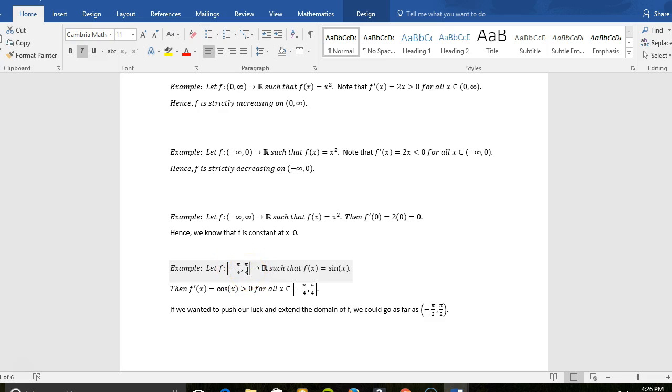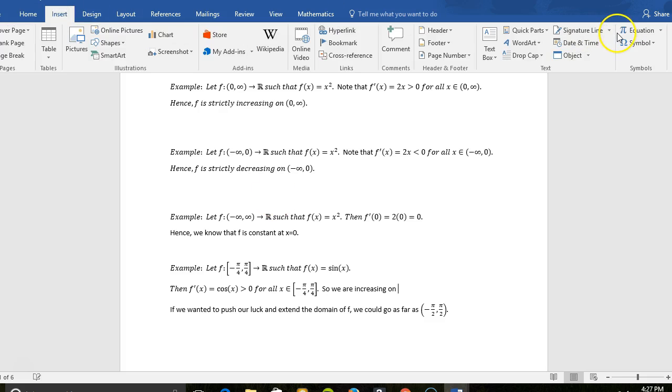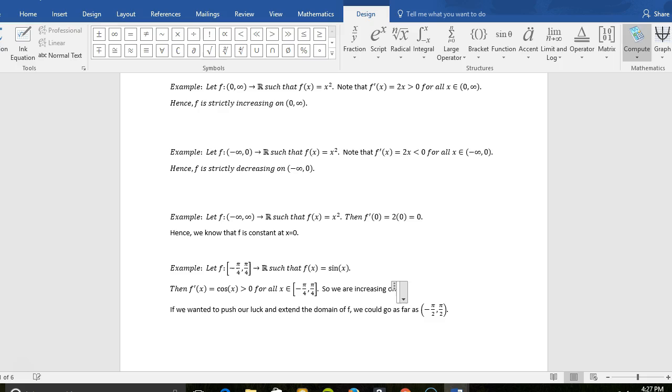Guys, we don't like to talk about increasing on a closed interval. When I say we're increasing, we need to talk about an open interval, and I need to be very, very careful about that. I'm profoundly sorry. Because our domain is just this closed interval, we're increasing on the corresponding open interval.